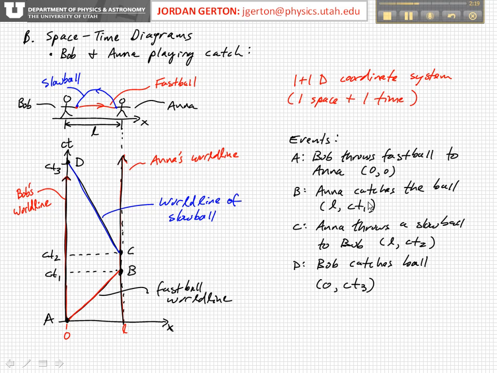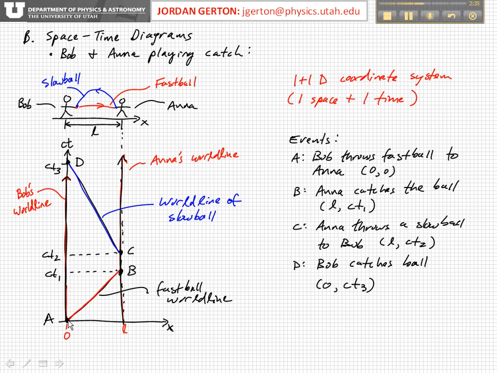Just like we would write coordinates on an XY graph, we can enumerate this event with coordinates, and we can make a notation here for event A, which happens right at this point 0, 0. The next event that happens: the ball travels through the air, and then Anna catches it.